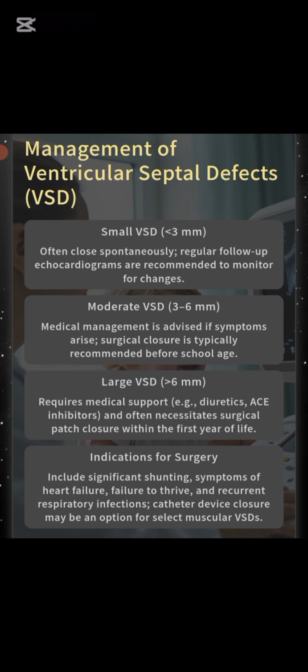A VSD is considered small if the diameter is equal to or less than 1/3 of the aortic annulus diameter. Moderate if its diameter is 1/3 to 2/3 of the aortic annulus diameter, and large if its diameter is more than 2/3 of the aortic annulus diameter.